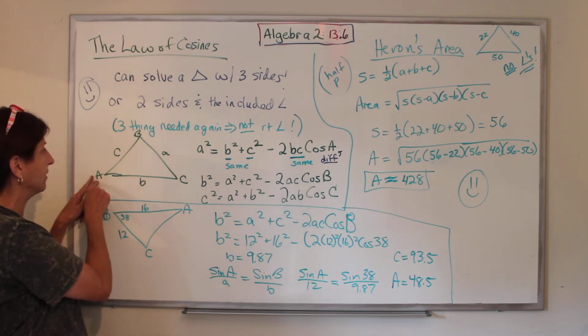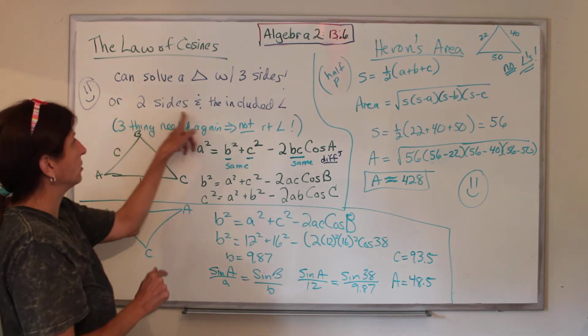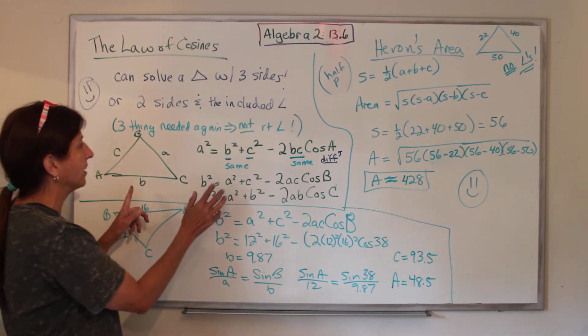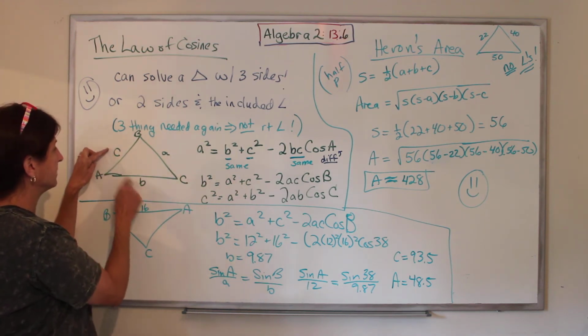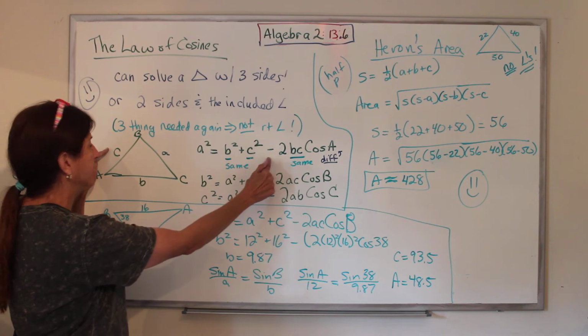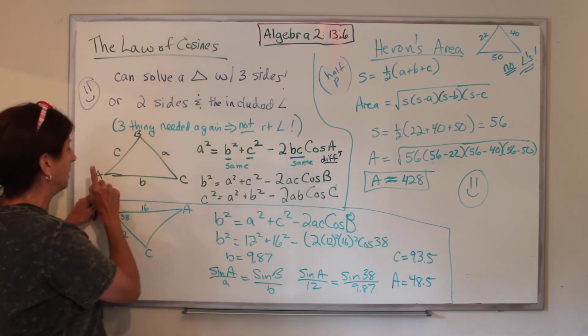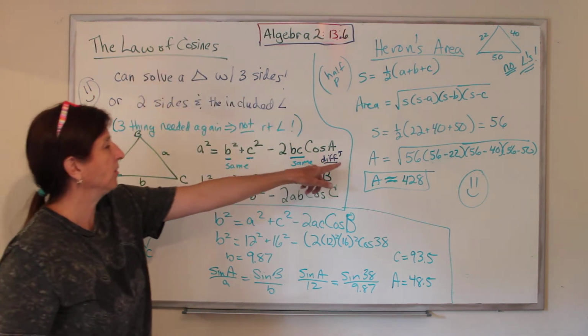A is the angle, b and c are the sides on each side of it, 2 sides and the included angle. If I have that, I can figure this out. I put these 2 sides squared, added together, minus 2 times them multiplied together, times the cosine of the angle, and that's why it's the law of cosines.